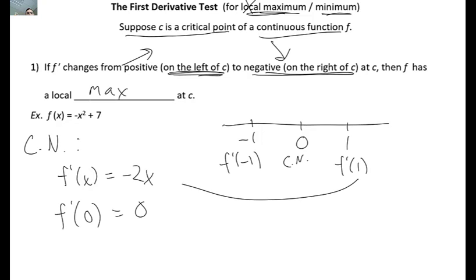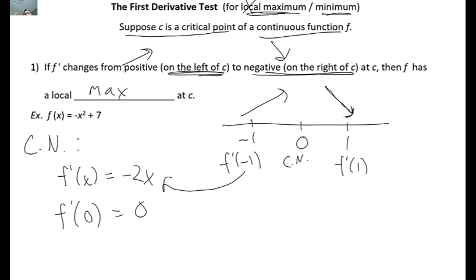So if I plugged 1 into the first derivative, I get negative 2. Now, I don't care so much that it's negative 2, but more so that it's just negative. If it's negative, the graph is decreasing. And then I will plug in negative 1 into the first derivative, and that would give me positive 2. Again, I don't care so much about the 2, but I do care that it's positive, which means it's increasing.